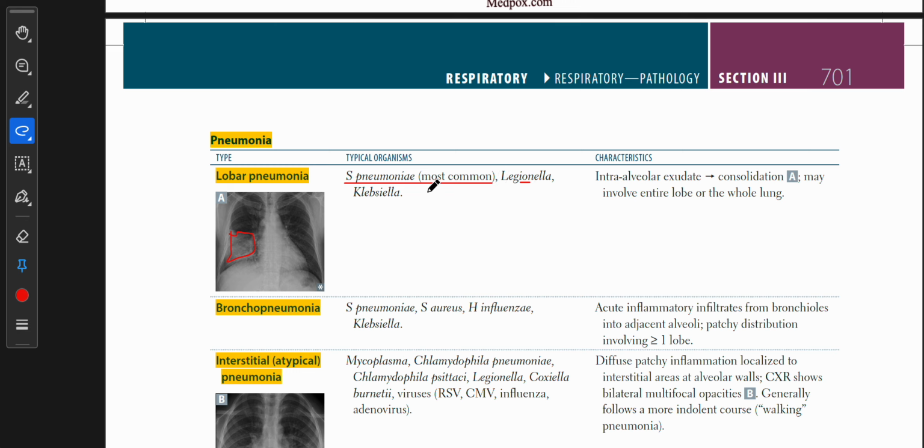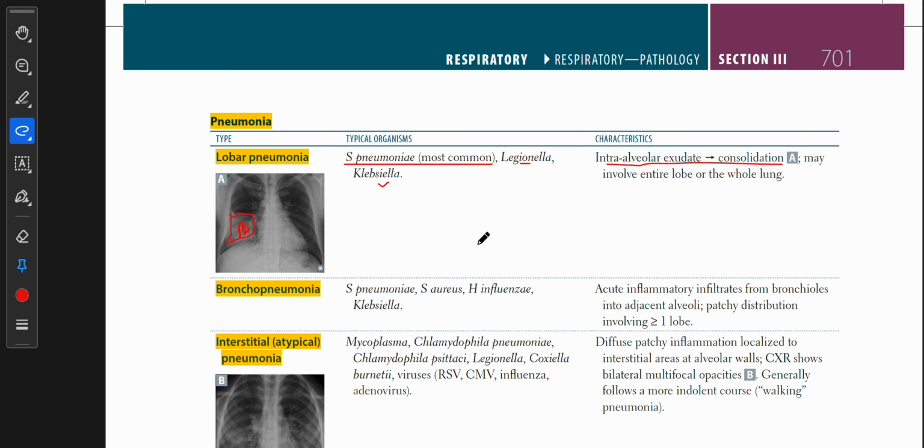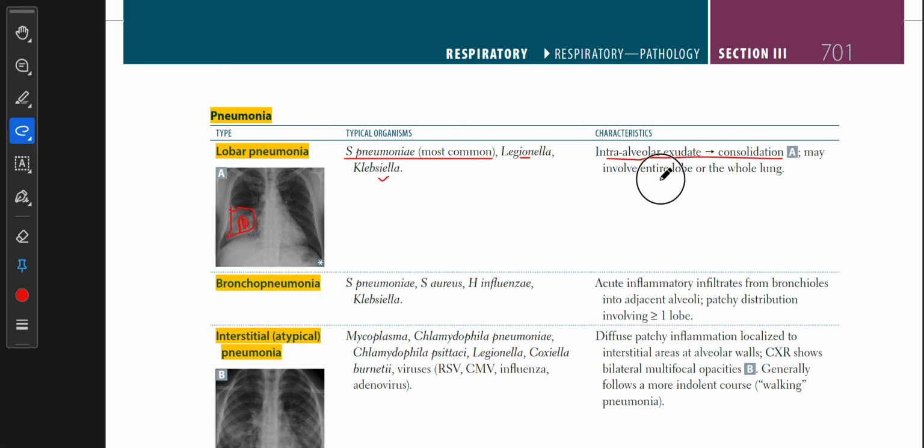Legionella and Klebsiella are also causes, and the characteristic feature is intraalveolar exudate, leading to consolidation. As we see, these are all intraalveolar exudates, so that is why we are seeing consolidations right here, and it may involve the entire lobe or the whole lung.